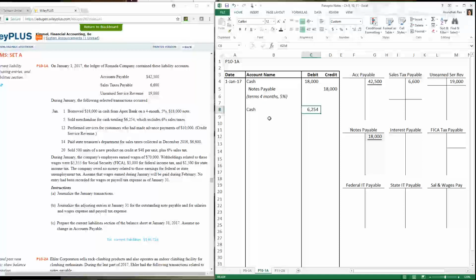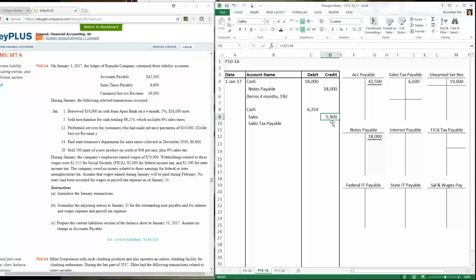I collected $6,254. Most of this money is mine. 6% is not mine, but 6% of the sales number. So the way I would calculate the sales number is take the number which includes the sales tax and divide it by 1.06. I've divided by 1.06.